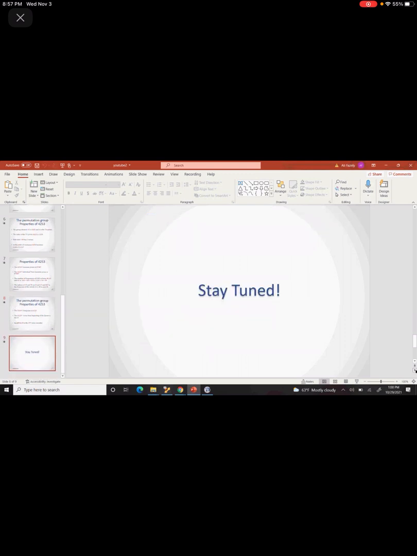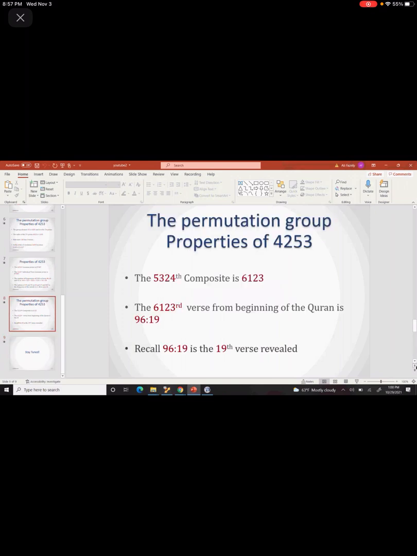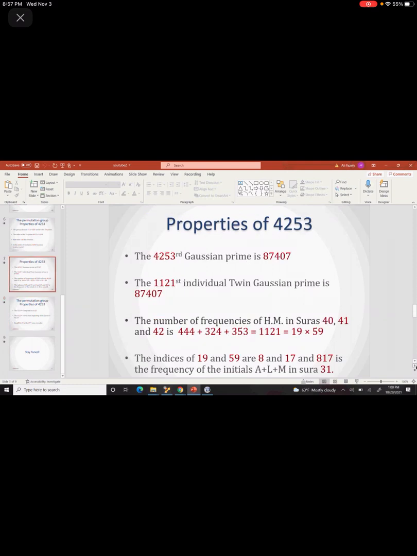So stay tuned. Remember that all of these things I said are coming from 4253, the exponent of the 19th Mersenne Prime. This is how the Quran was generated. We didn't know these things before.